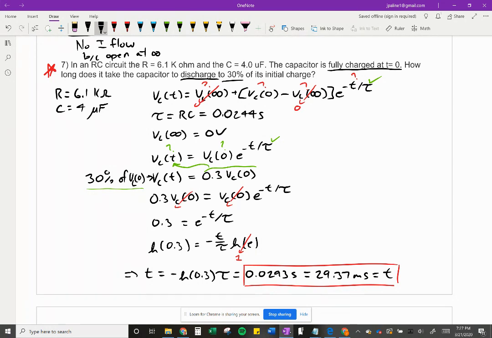So we're eliminating an unknown when we do that. And now we just have 0.3 is equal to e to the minus t over tau. We'll do some logarithmic algebra, take the natural log of both sides, rearrange to solve for time, and these are our final time values here.